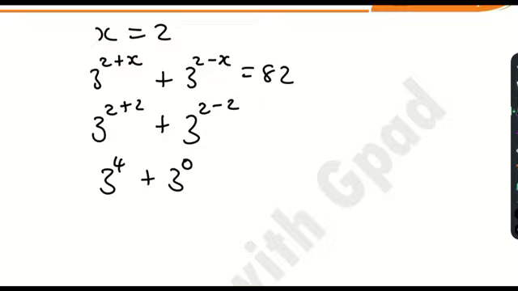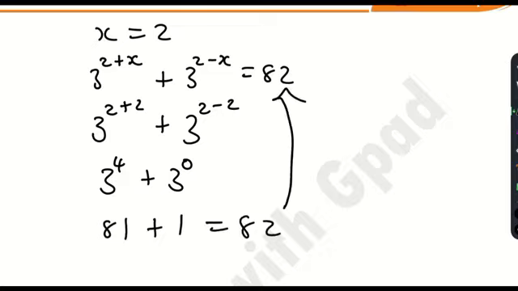So 3 raised to the power 4 again is 81. And 3 raised to the power 0 is what? 1. When you add these two numbers, you get what? 82, as we have on the right hand side. So yes, the two values of x that will satisfy this equation are either x is equal to 2 or x is equal to negative 2.